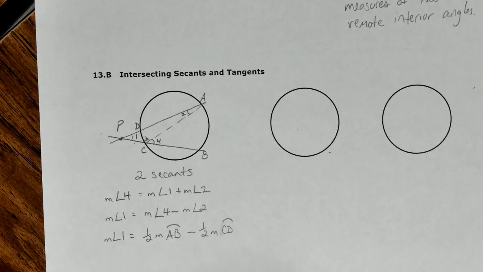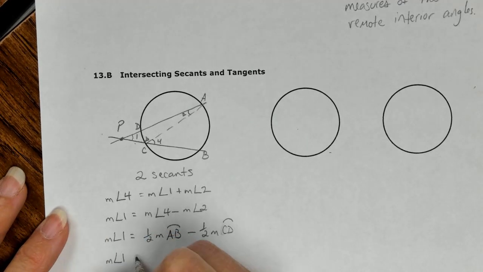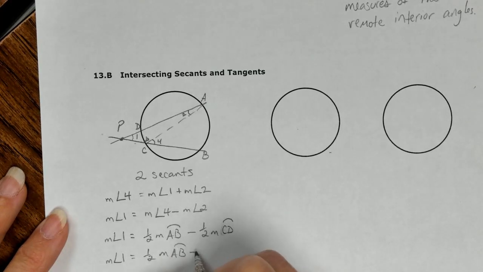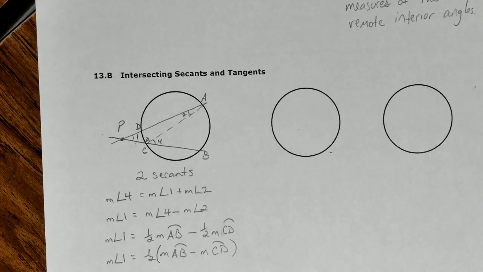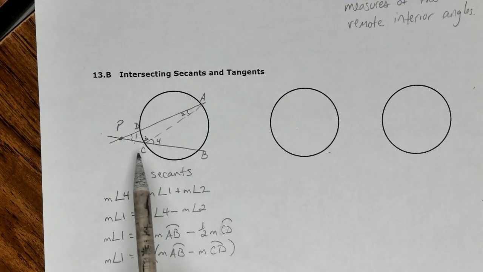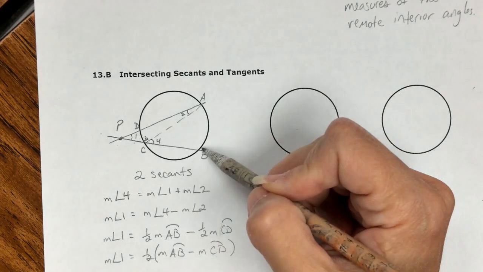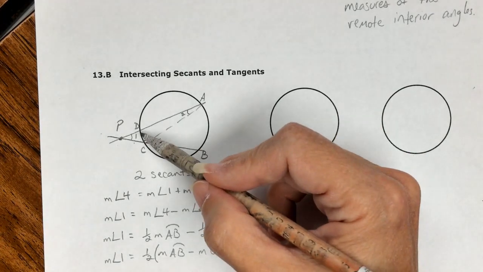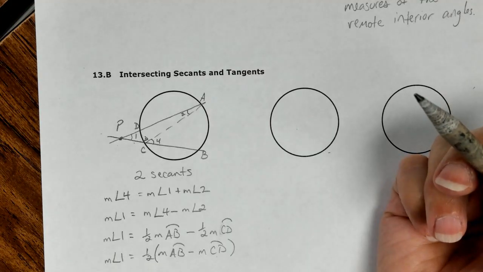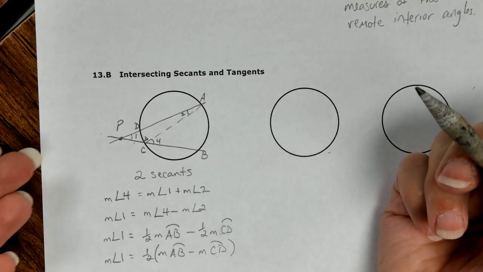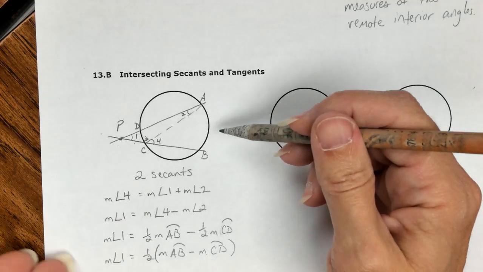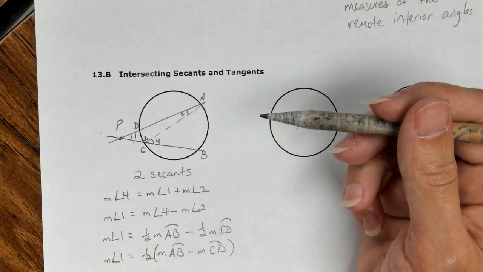And then again, you can factor out a half. Okay, so there we go. The angle made by the intersecting secants is half the difference of the two arcs. It's the larger one out here, the one further away, minus the smaller one that's close to it. So whenever you've got two secants intersecting, you know a lot about the relationships of the arcs and the angles in there.